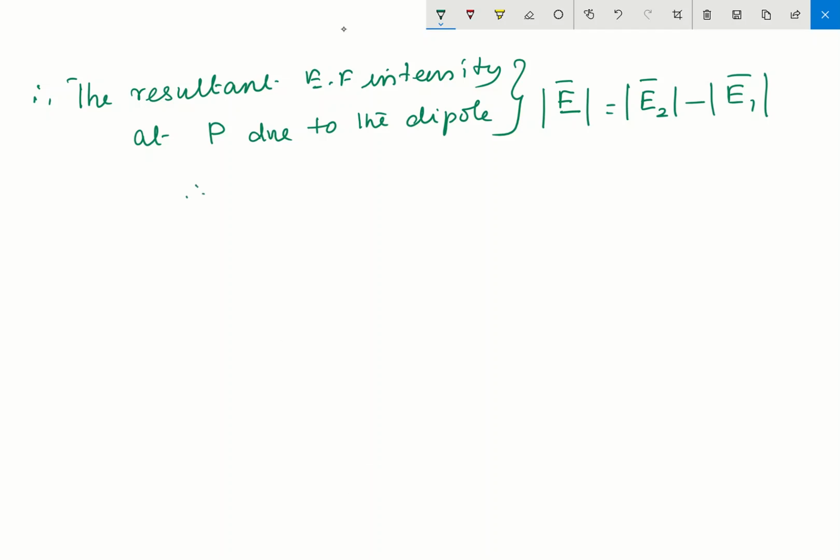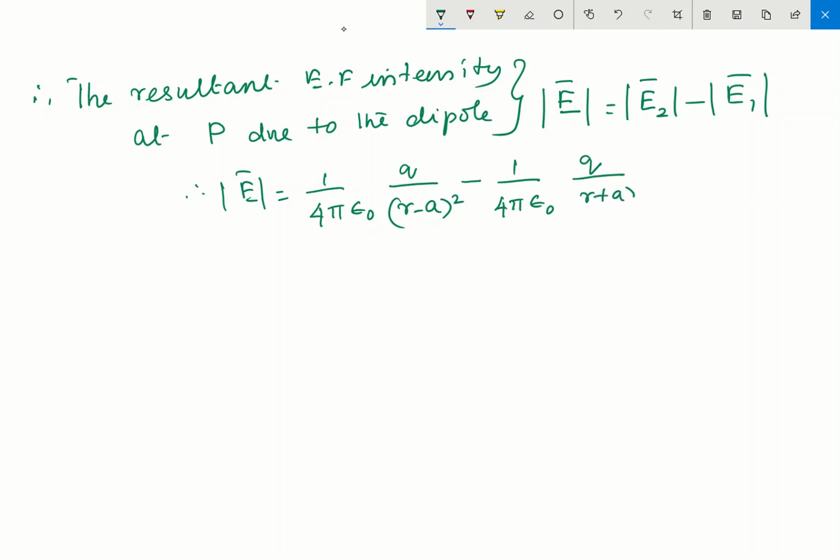Okay, therefore, what is E? E, that is the magnitude, is equal to 1 by 4 pi epsilon naught Q by R minus A the whole squared, minus 1 by 4 pi epsilon naught Q by R plus A the whole squared.